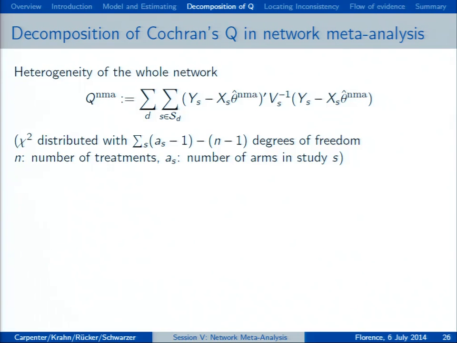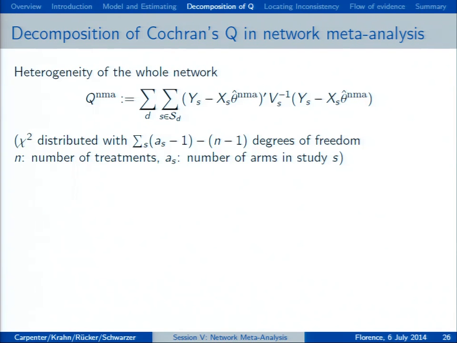Like in the multivariate meta-analysis, we have a Q statistic generalized for multivariate meta-analysis, since we also want to analyze the multi-arm studies. We have here the squared Pearson residuals, the residuals between the observed treatment effects on study level and the effects based on the network.